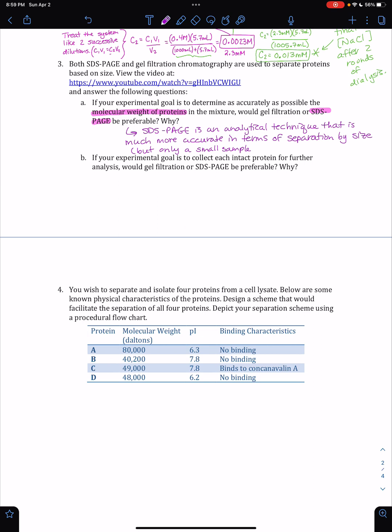The protein is not recovered at the end of the procedure.